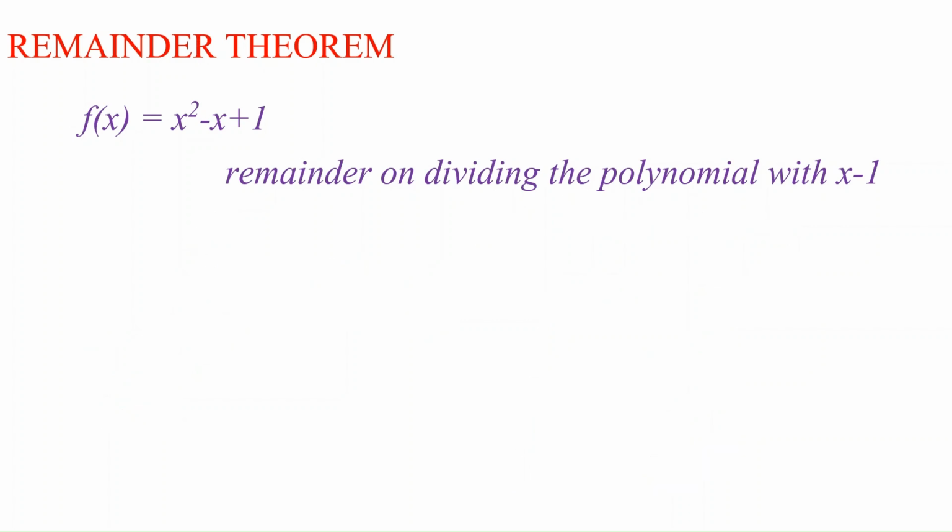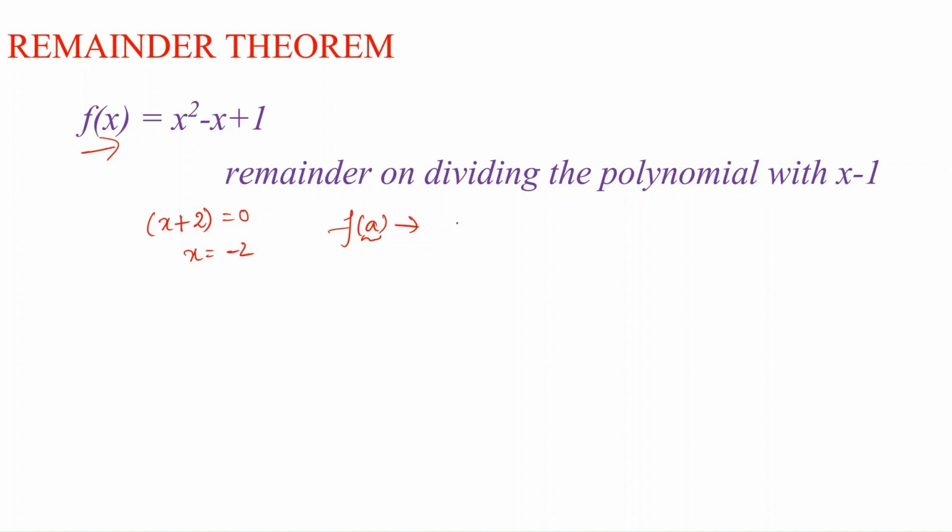For the same expression, we will try to find the remainder on dividing this with x plus 2. So for x plus 2, what is the value of a we have to consider here? x plus 2 is equal to 0, which means x is equal to minus 2.